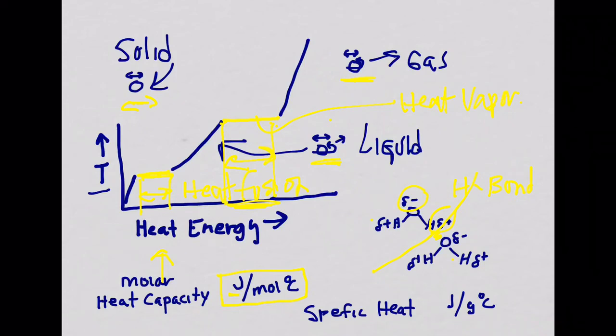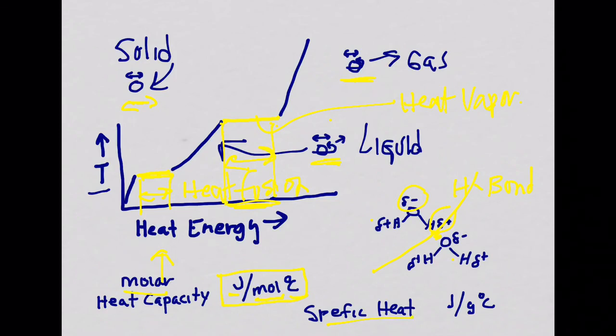Sometimes it's in calories, so it's a measurement of the heat energy. The molar heat capacity would be to take 1 mole of material and increase it by 1 degree C. When you use these calculations, the units are telling you what to do, so it's important to understand that. So that's the molar heat capacity.